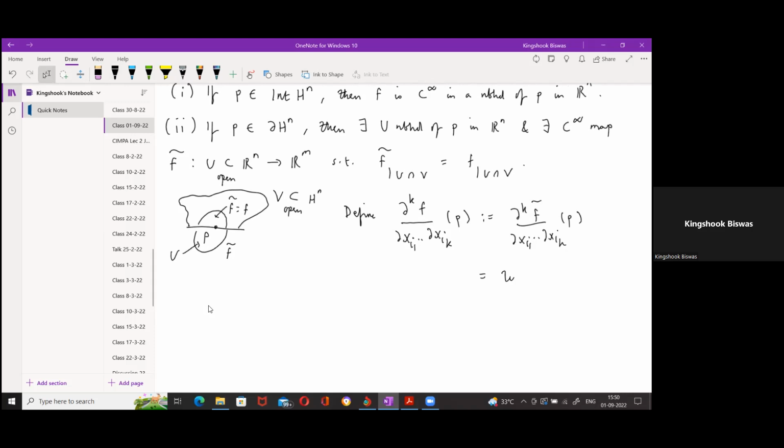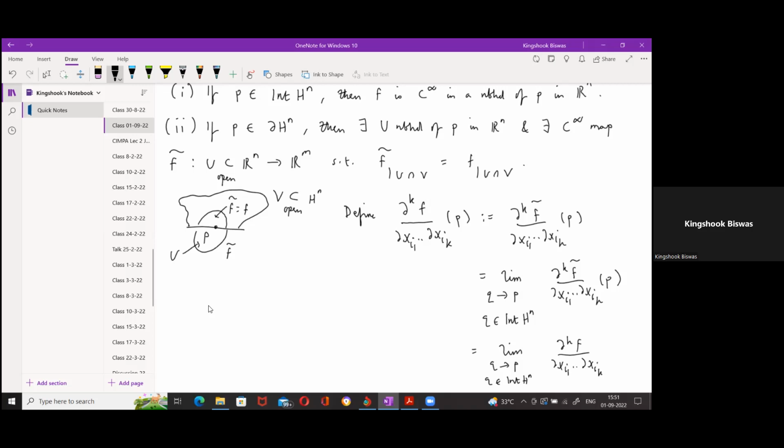So this is the same as the limit as q tends to p, q in the interior of H^n, of del^k f tilde over del x_i1 through del x_ik of q, and this is equal to the limit as q tends to p, q in the interior of H^n, of del^k f over del x_i1 through del x_ik of q.